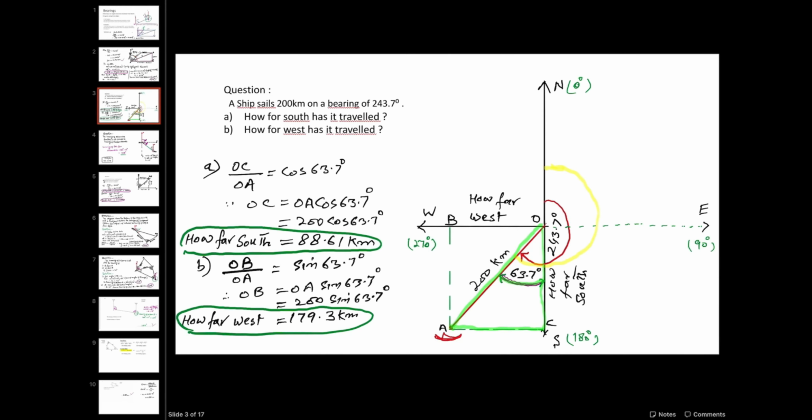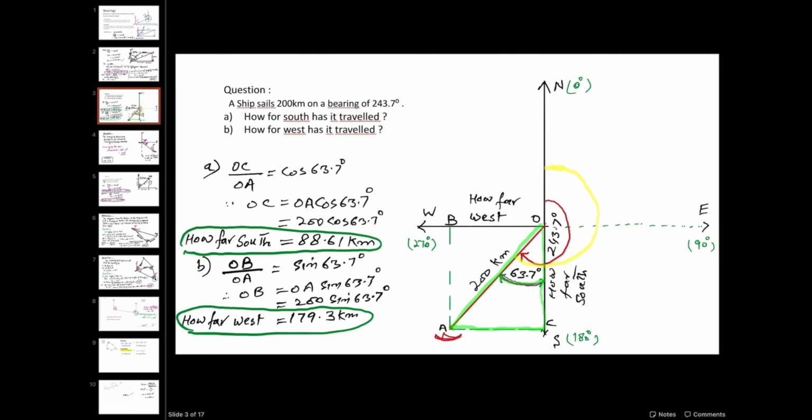Therefore OC is equal to 200 cos 63.7 degrees, or OC is equal to 88.61 kilometers, which is how far south the ship travelled.